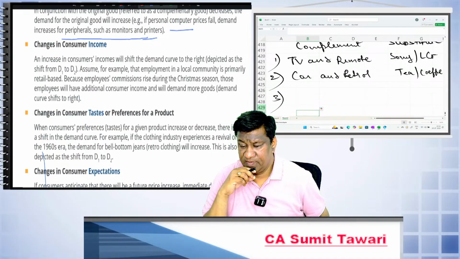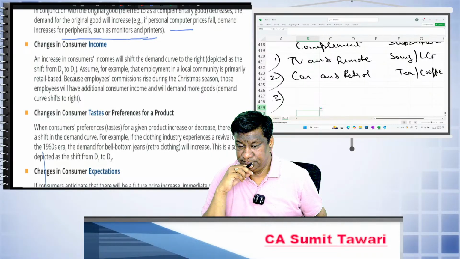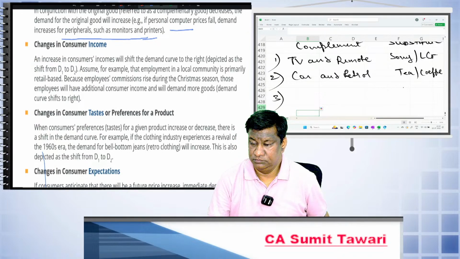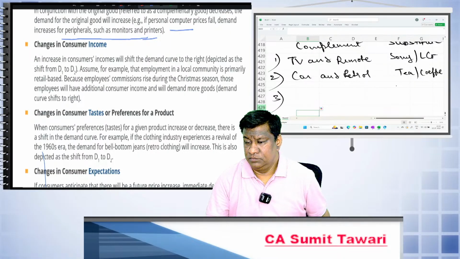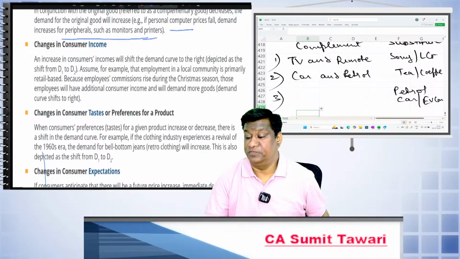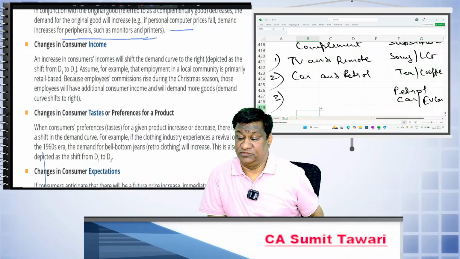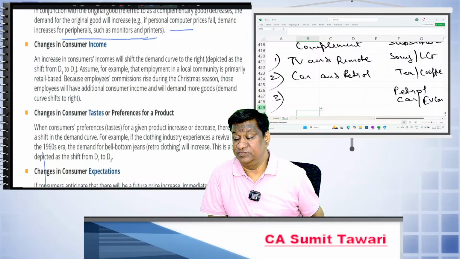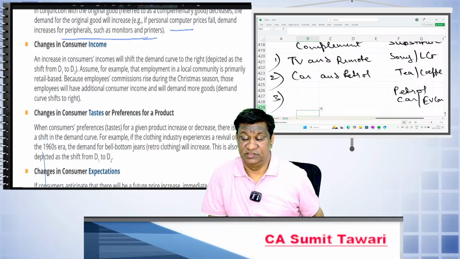Any guess? For substitute, petrol car and EV. If the people start using electric vehicles, they start to discontinue with the petrol car. So demand for petrol car may decrease because demand for EV car increases.